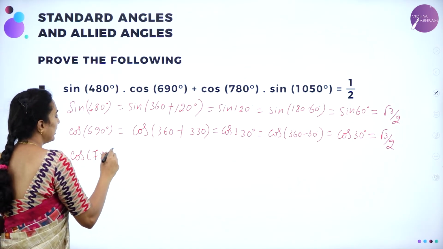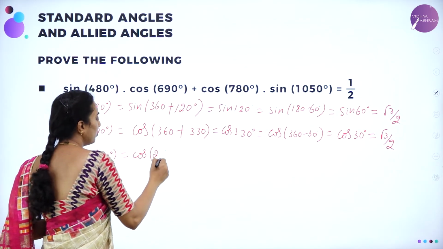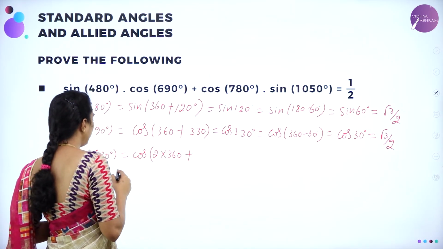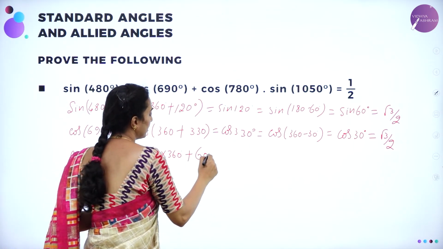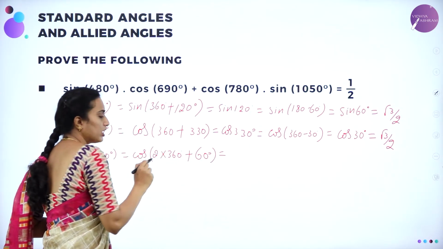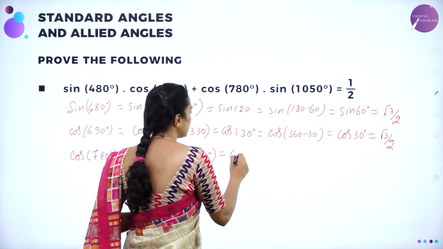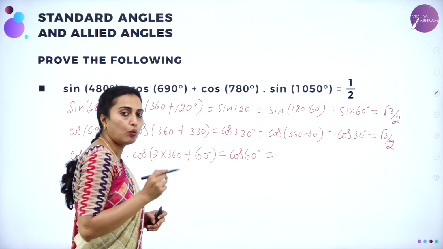Cos 780 degree can be written as cos of 720, that is 2 into 360, plus 60 degree, correct? Which is 780. Now cos of n into 360 plus theta is cos theta, which is cos 60 degree. Now cos 60 degree value is 1 by 2.